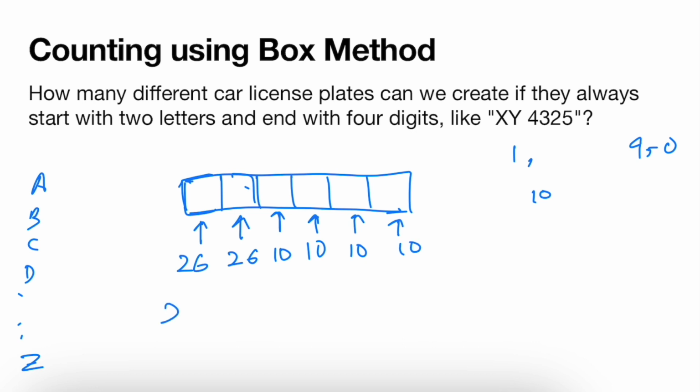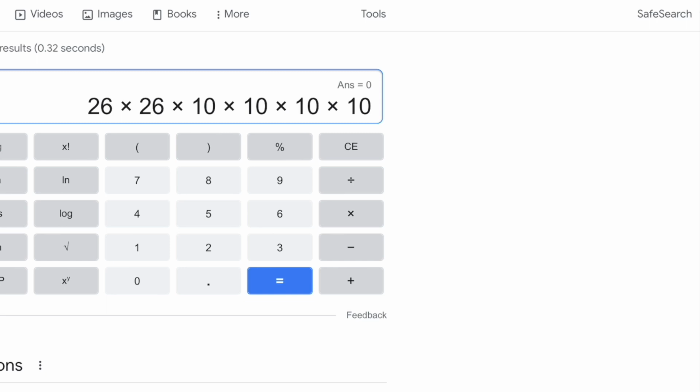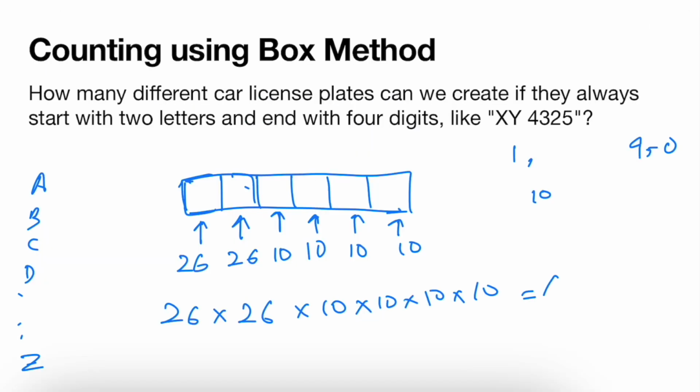So totally there are 26 into 26 into 10 into 10 into 10 into 10 ways that we can make these car license plates. Let me calculate that using a calculator, which is equal to 6,760,000. These are the number of alphanumeric car license plates that we can create using 26 letters and 10 digits.